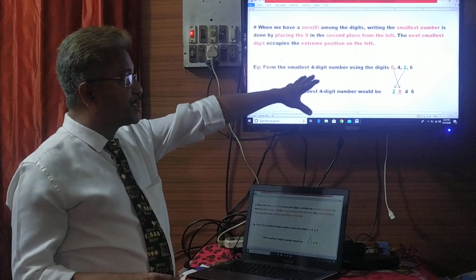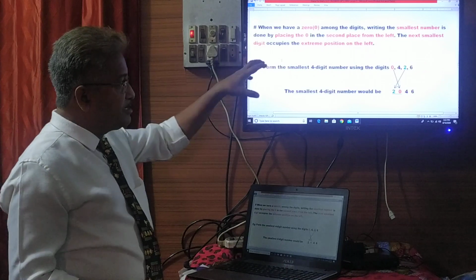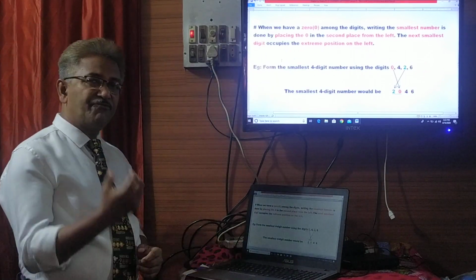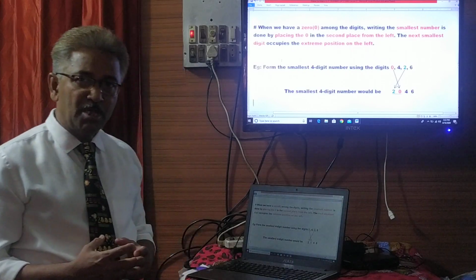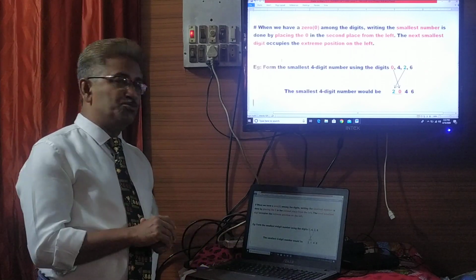Here, according to the digits, 0 is the smallest number, but when we have a 0, we cannot put it in front, because then we don't have a 4-digit number, because 0 in the beginning of a number has no value.